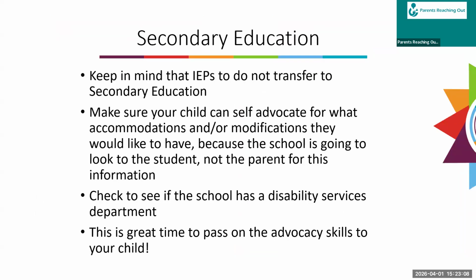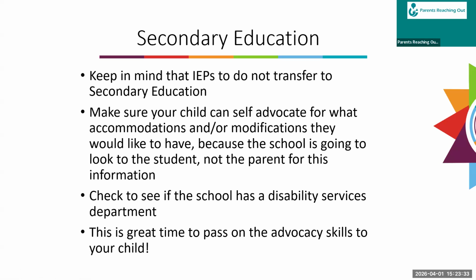So how this works in secondary education, keep in mind that there are no IEPs in secondary education, but you can make sure that your student self-advocates for what accommodations and modifications they might need when they are going to school. So when I first went to college, I didn't think I needed this. And so I went on to college and then I started failing miserably because I have dyslexia and I didn't ask for help.